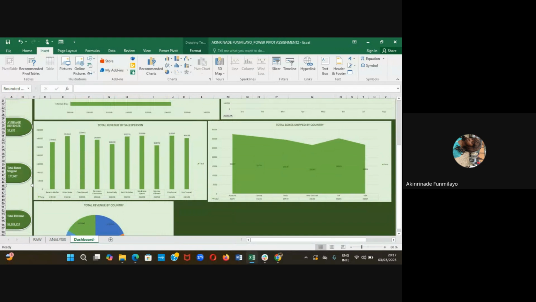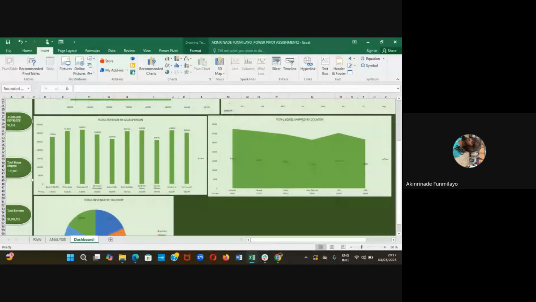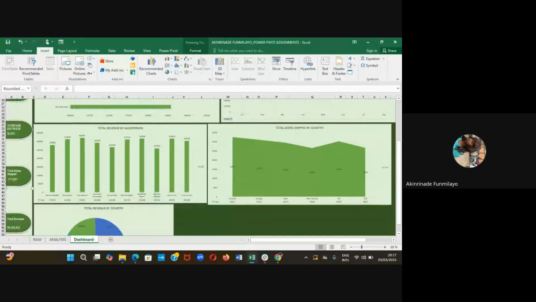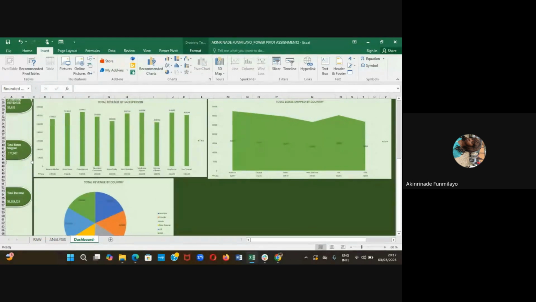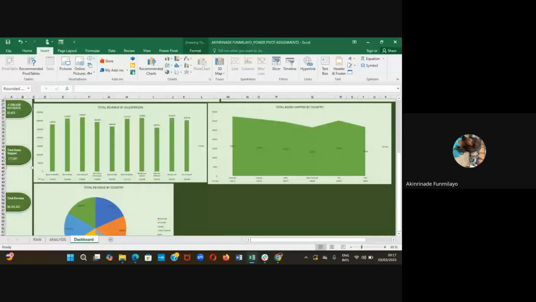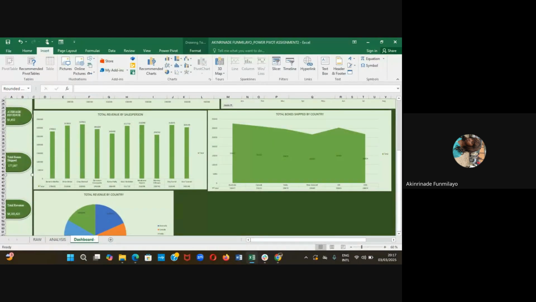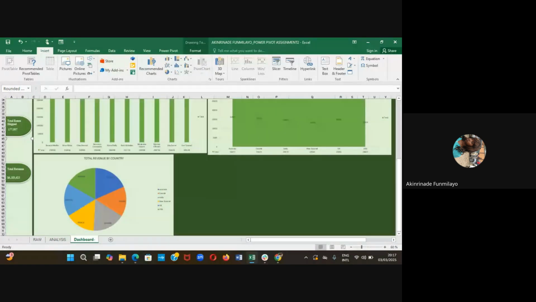Then total boxes shipped by country, the highest was in Australia, with the second being Canada. It's more likely that the company's consumers are higher in Australia, and I would suggest that they expand more in the Australian market.